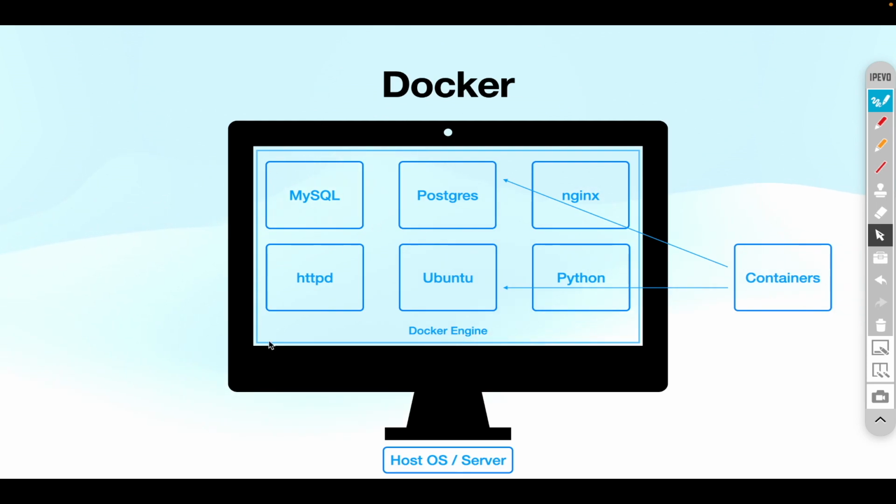So the Docker engine will take care of these containers, and these containers will have the required libraries, which makes it a lightweight process. Actually, a container runs as a process, which is very lightweight. The most important part is that in the case of a virtual machine we need to install an operating system. Even though we don't need all the libraries or binaries of that operating system, we need to install them. Once the operating system is installed, only then can we run our application.